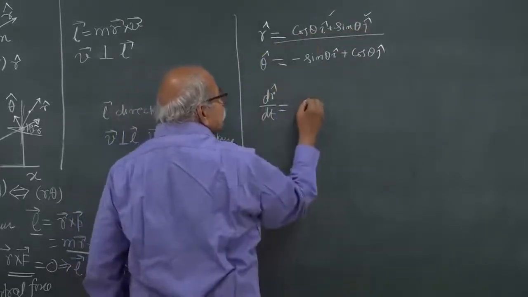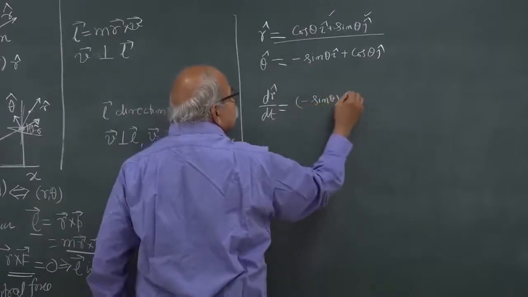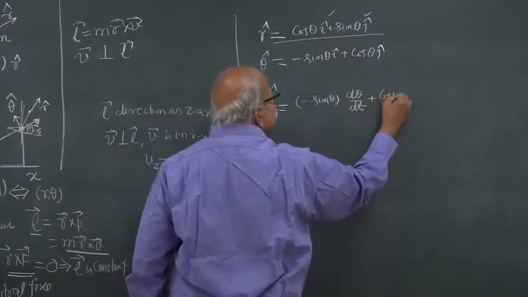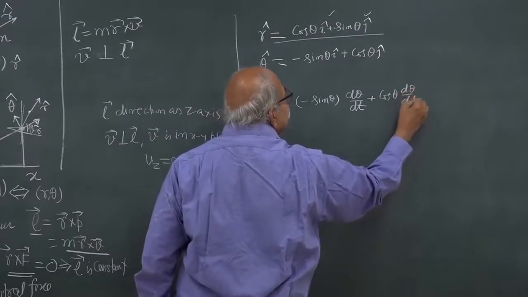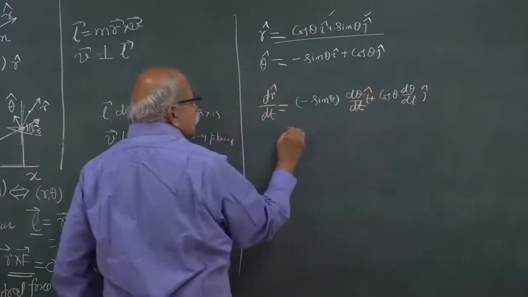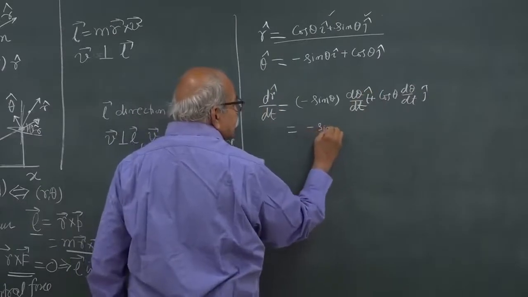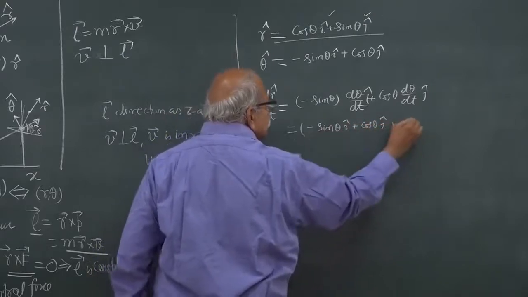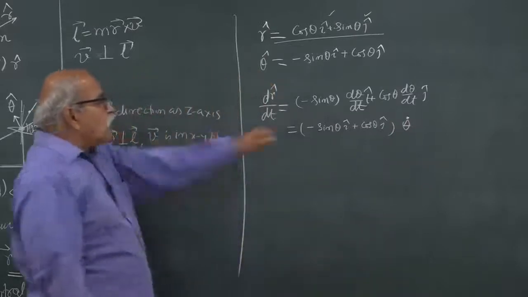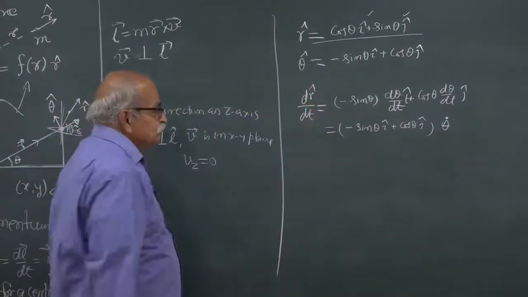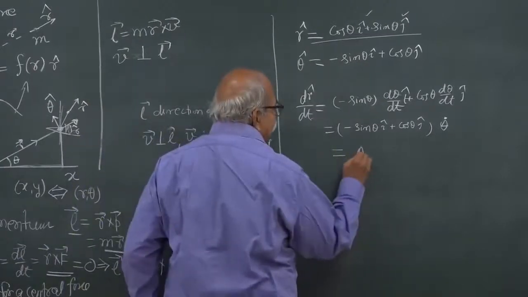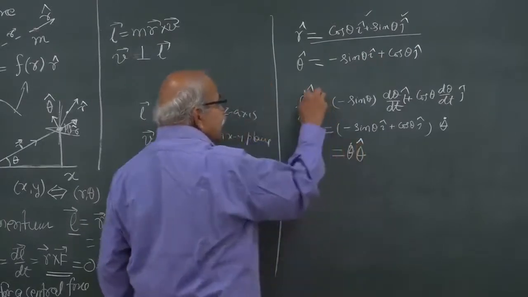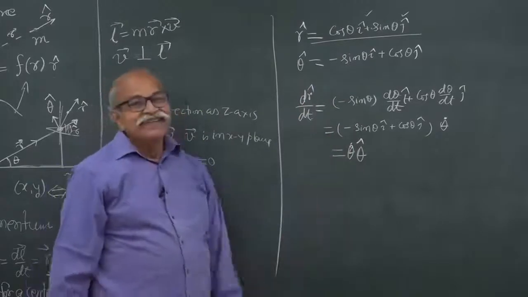So, this is minus sin theta times d theta dt and plus cos theta times d theta dt, here is j cap, here is i cap, and this is minus sin theta i cap plus cos theta j cap times theta dot, and when I write dot it is d dt of theta, and this is theta cap. So, dr cap dt is theta dot theta cap.